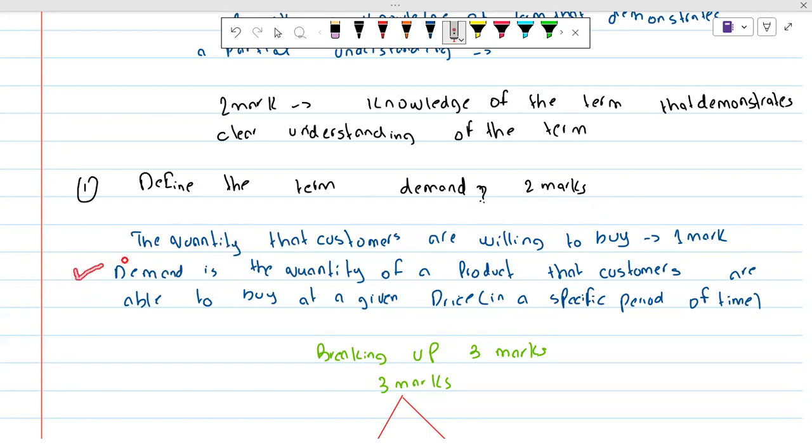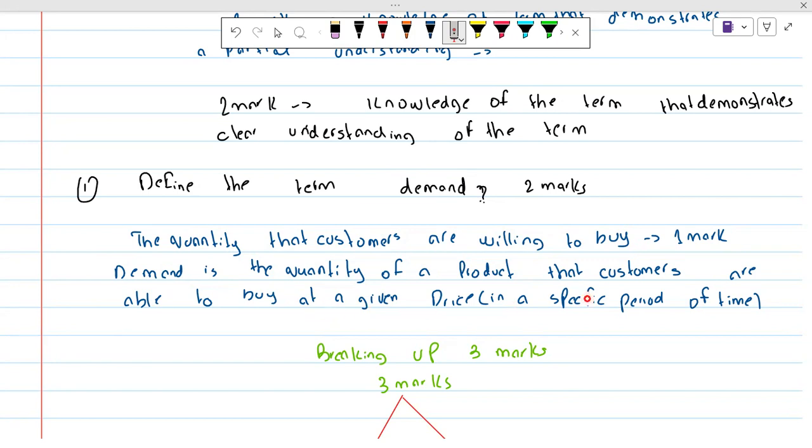But just see this example. Demand is a quantity of a product. So we are highlighting that quantity of a product. It means that when we are talking about demand, we are talking about a product. We are not talking about something else which is for free, because if it is a free good, there is no demand.